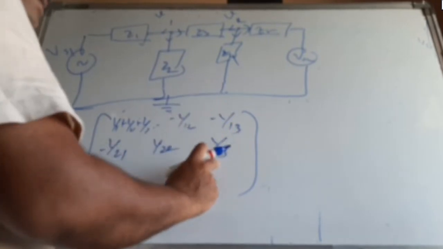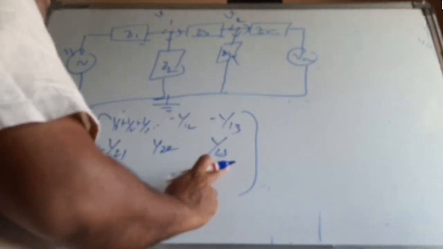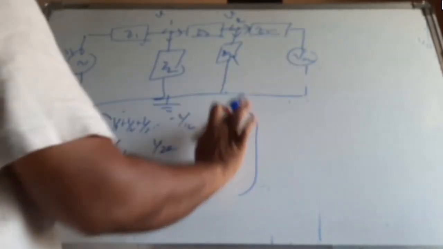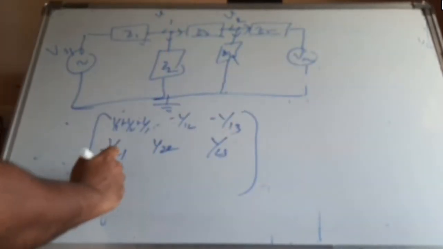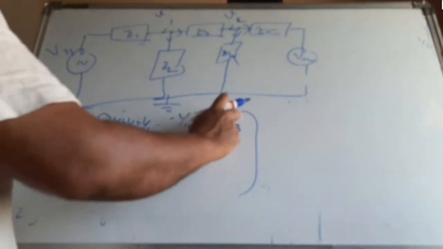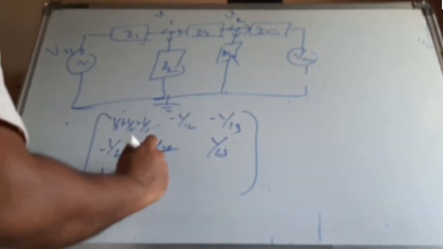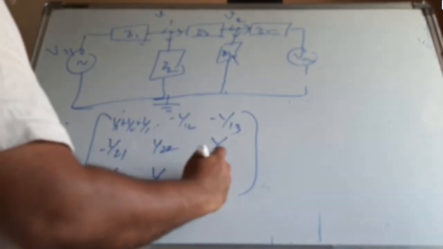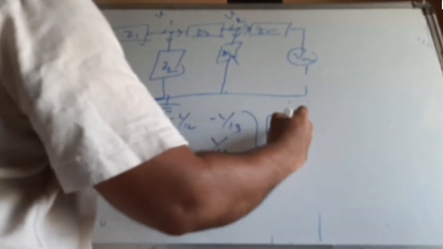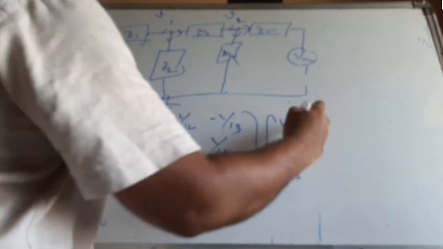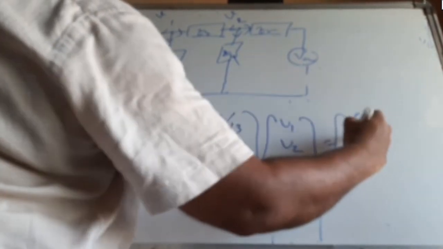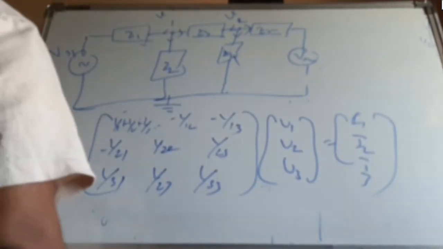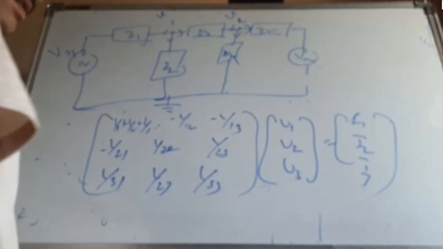It is the admittance common between 2 and 3. Here there is no node 3, so we need not bother about the third row and third column. Y31 is the same, and this is Y32, and this is Y33, so you have to find V1, V2 and V3. This is the generalized equation for obtaining nodal analysis.